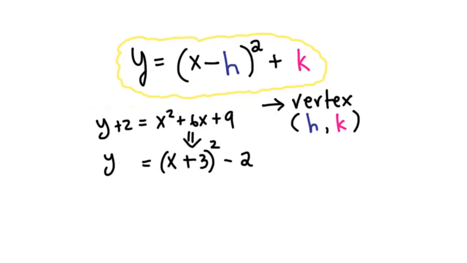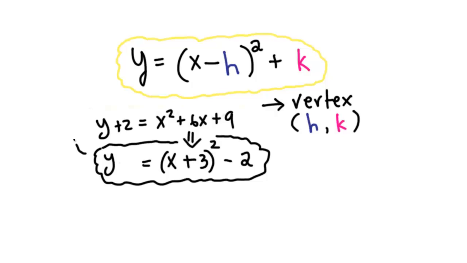And if you look at it, the equation that we ended up with matches exactly with the equation up here. So we can pick out the h. In this case, it's this here. Just be careful though, it's a minus h. So if this were a plus 3, h would be a minus 3.